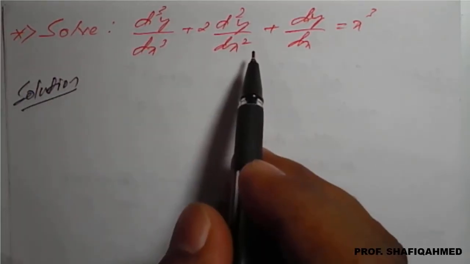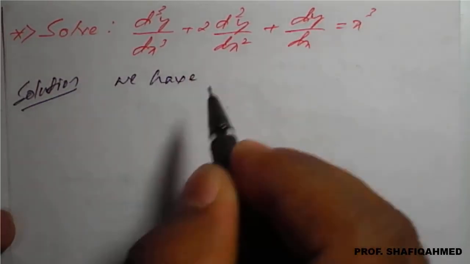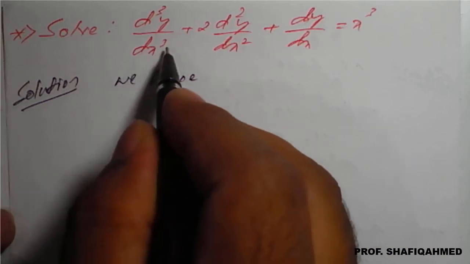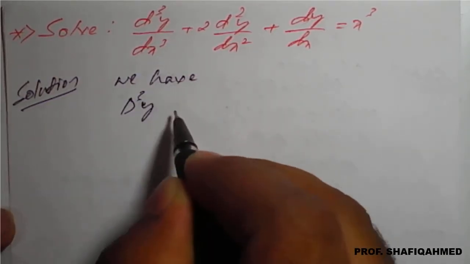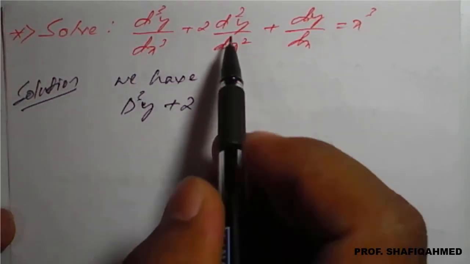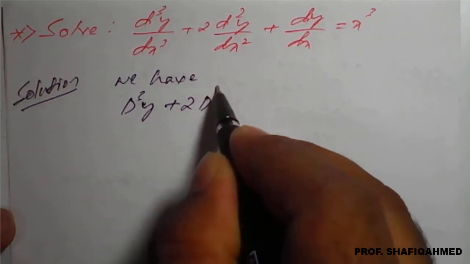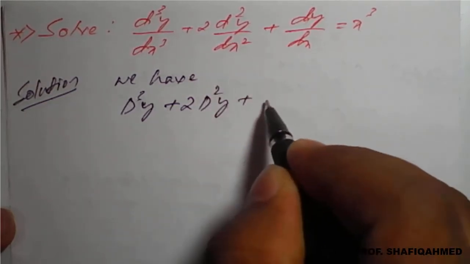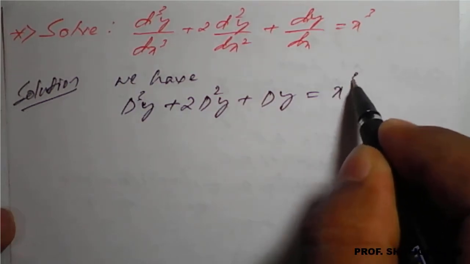The given differential equation can be written as: d cube y upon dx cube can be written as capital D cube of y, plus 2 times d square y upon dx square can be written as capital D square y, plus d of y, is equal to x cube as it is.